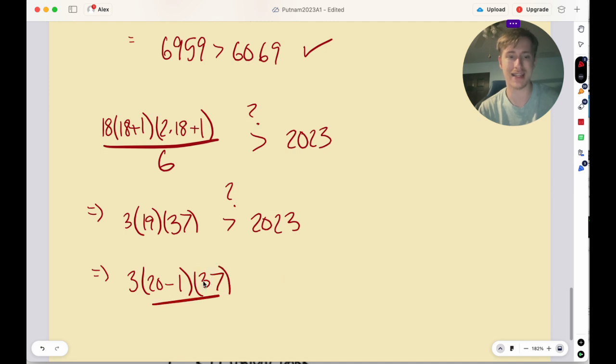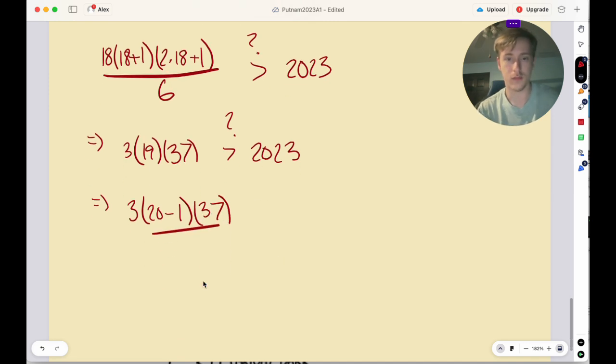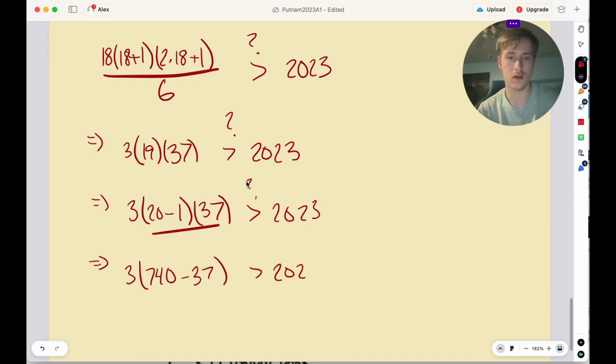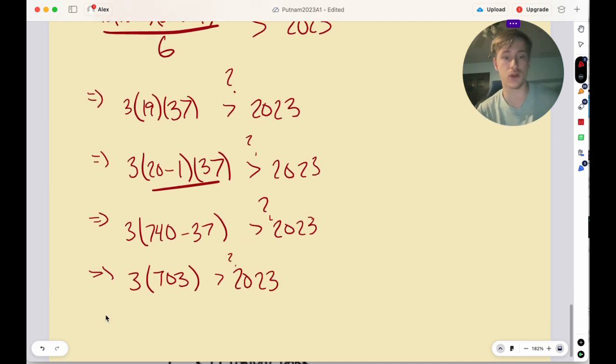So multiplying these, I got 740 minus 37, which got me 703. And then 703 times 3, that's 2109. And that does exceed 2023.